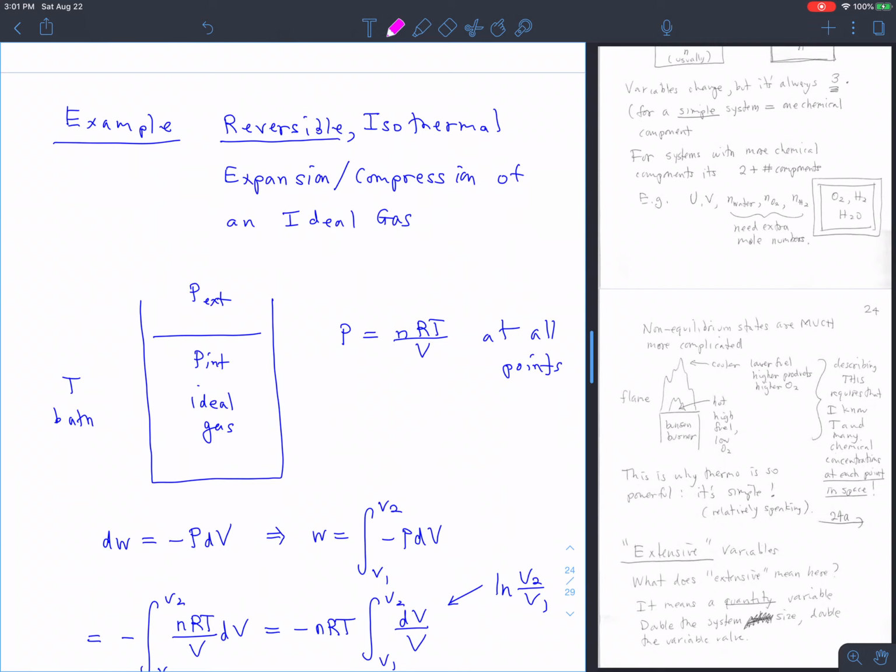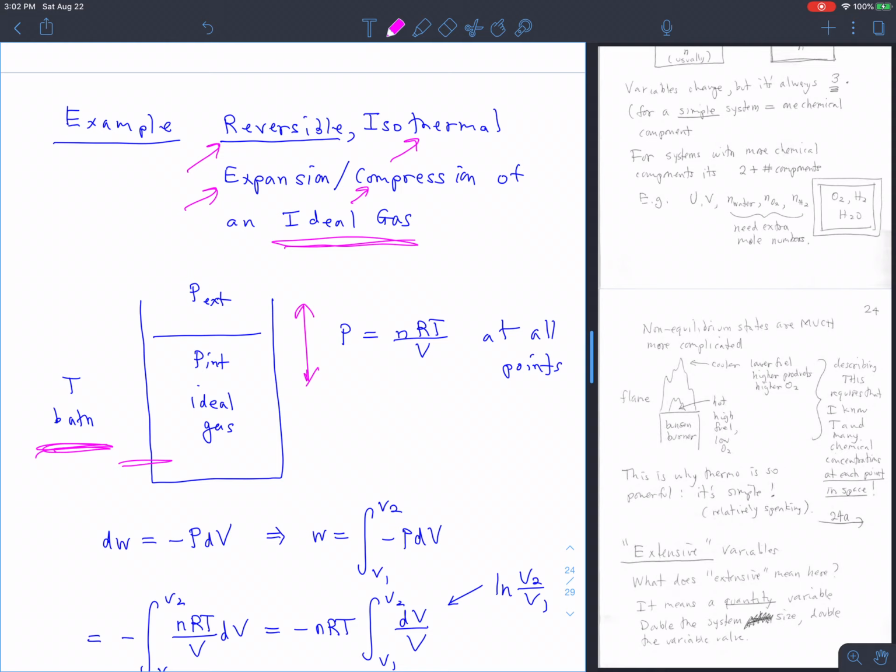Here's an example of a reversible process. I'm going to say that this is a reversible process done under isothermal conditions. That is, I have a temperature bath out here and these walls are not insulating, so heat can flow in and out. It's either an expansion or compression, the piston moves either up or down, and I'm saying there's an ideal gas inside.